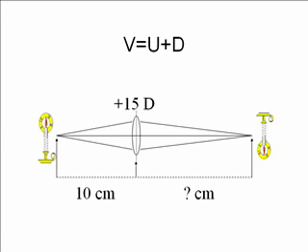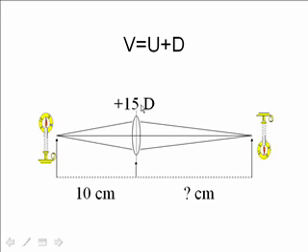The absolute value of the vergence is equal to 1 over that distance in meters. So 0.1 meters means that the absolute value of the vergence entering the lens must be 10. The next question is, is it minus 10 or plus 10? Well, the rays of light are converging to the left, therefore it must be minus 10. So the rays of light entering this lens have a vergence of minus 10, U.